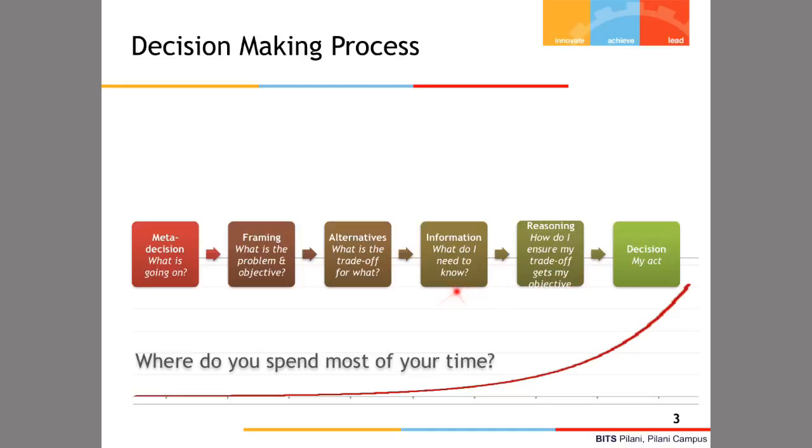But actually speaking, we spend very little time in the earlier processes. So the graph that you are seeing here depicts our typical behavior in making a decision. But in fact, we should be spending a lot of time in the earlier processes, which will aid the decision making, and it will be instantaneous when you have spent sufficient time in the earlier processes.